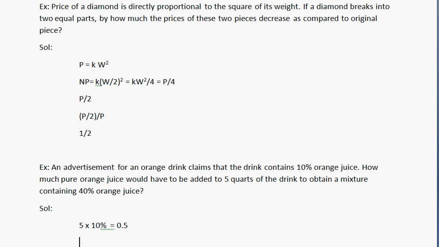Now we add some pure orange juice such that it becomes 40%. Let's add X amount of pure orange juice. So pure orange juice we would have is 0.5 plus X. But since we are adding X quarts, the volume of the total drink would also increase. So the volume would become 5 plus X. To find the percentage, we multiply by 100 and it should give us 40.